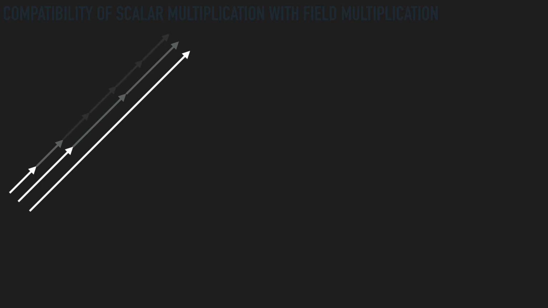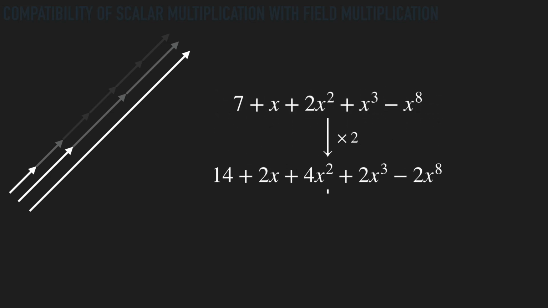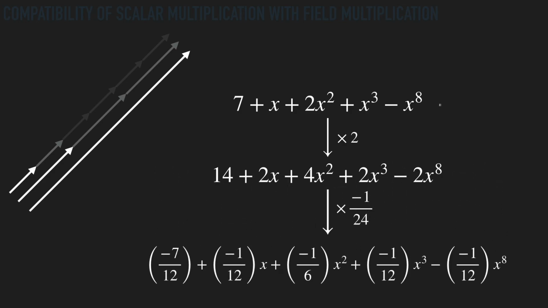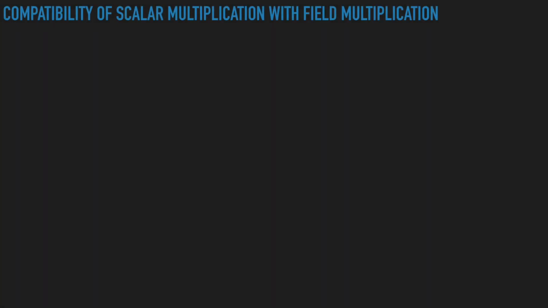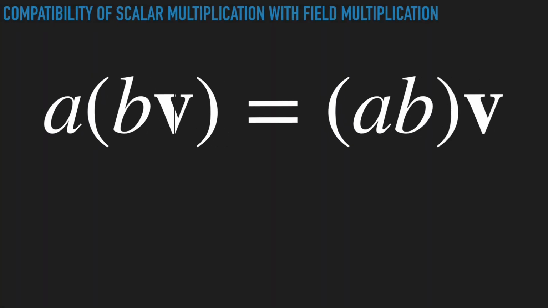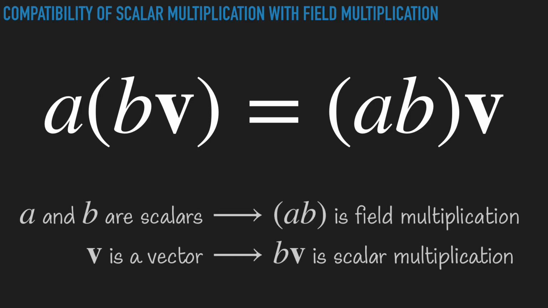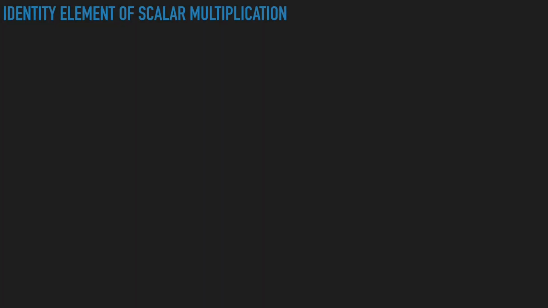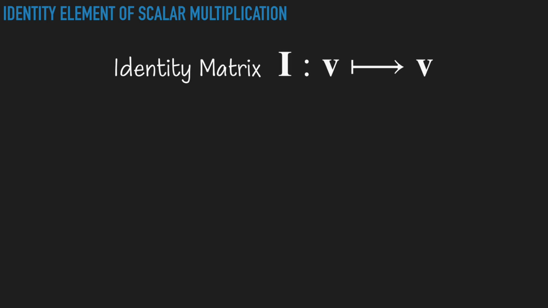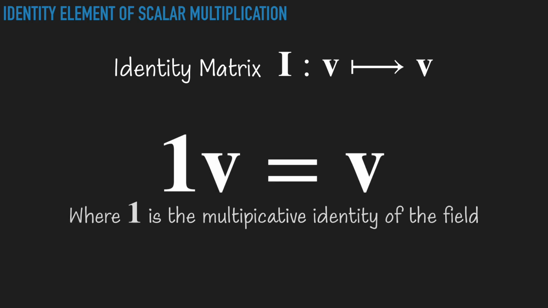And it works similarly for functions. This is called the compatibility of scalar multiplication with field multiplication. And the way we have the identity matrix that takes a vector v to itself, we also have the identity element of scalar multiplication that scales v to itself.